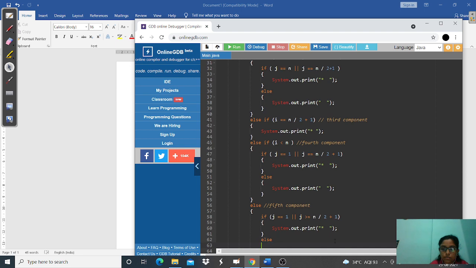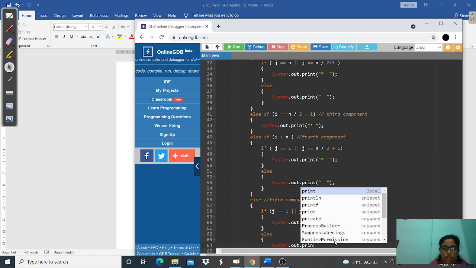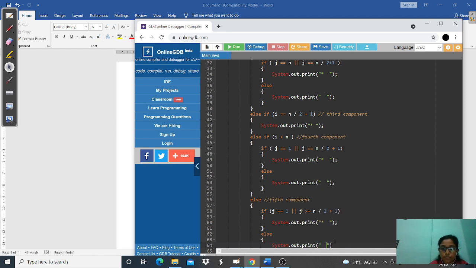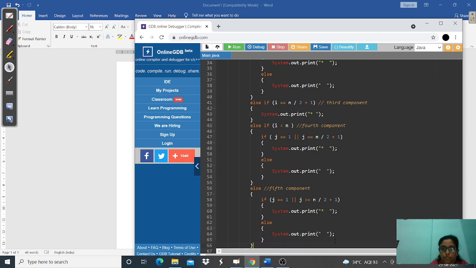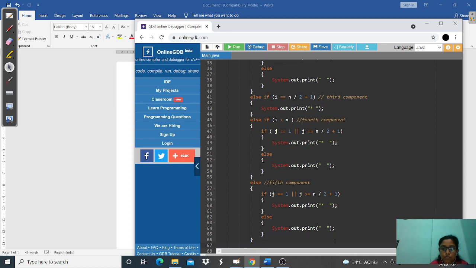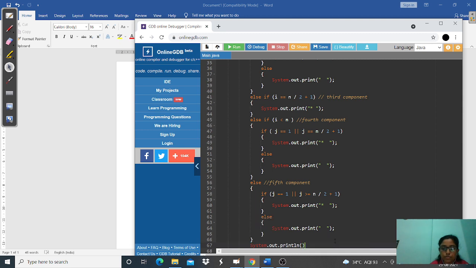Else, and System.out.print. System.out.println must be there for changing the line or changing the row.